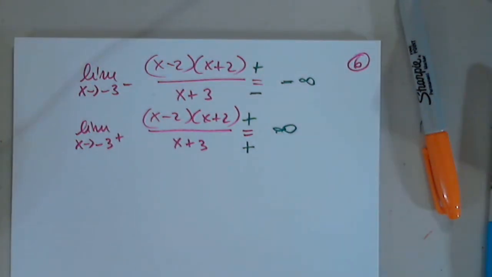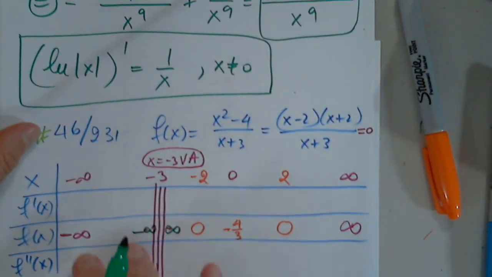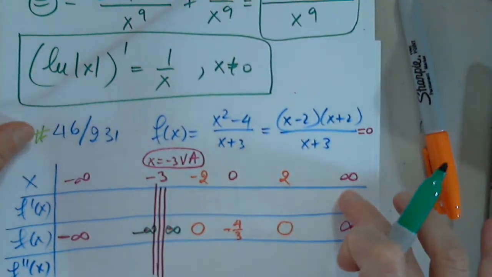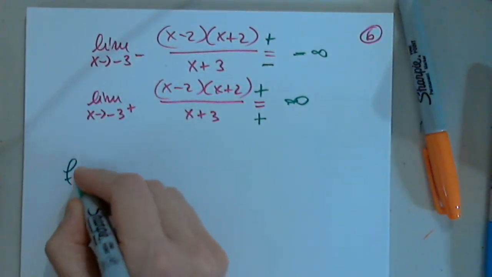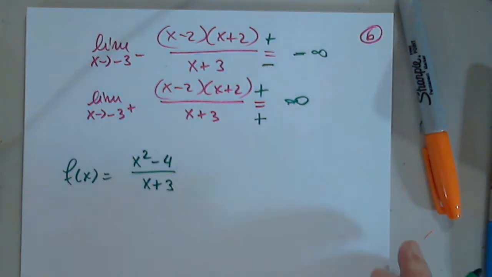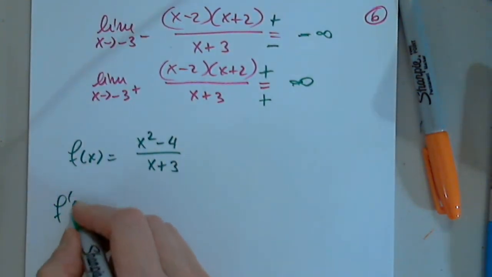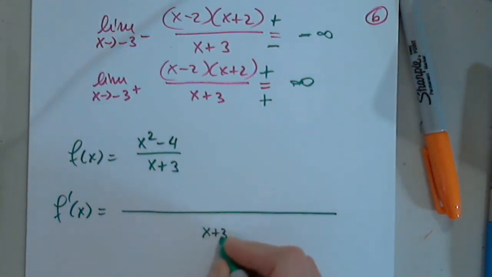So back to negative infinity and positive infinity. Done with this. Now we are here. So we are differentiating. The function is again x squared minus 4 over x plus 3. So we use which rule? Anyone? Quotient rule.